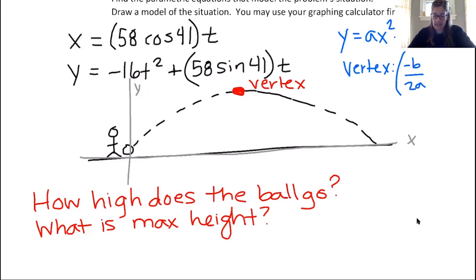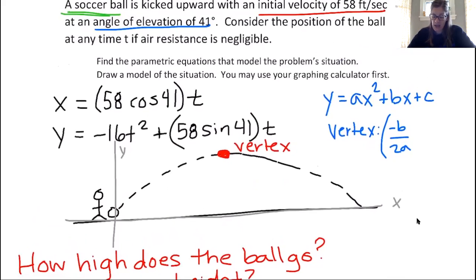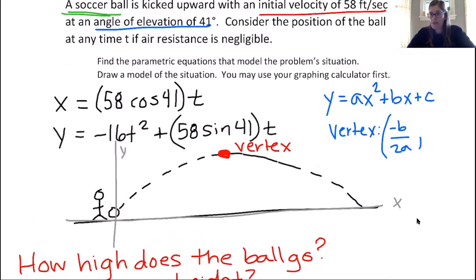Then whatever you got for that x, you would plug it in. So I'm going to say f of the opposite of b over 2a, like function notation. But the most important part about that is this opposite of b over 2a. That's going to get you the horizontal x for when you reach your max height.